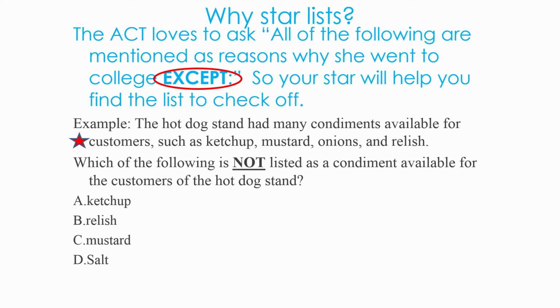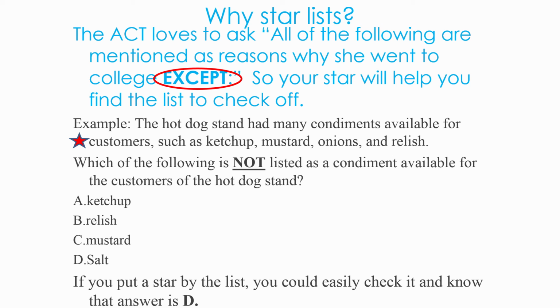Okay, A, ketchup, B, relish, C, mustard, D, salt. All right, you do not use your outside information on this or what you think. You go with what you read. So you go from the question to the list, don't go from the list to the question. Stick to the question. You say ketchup, check. Relish, check. Mustard, check. The only thing that's not there is salt, so that's going to be your answer.